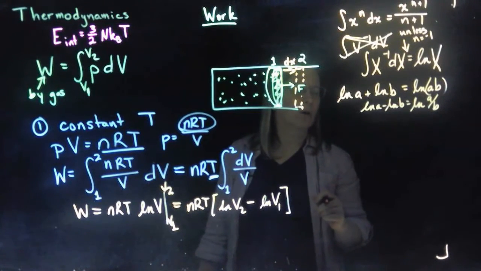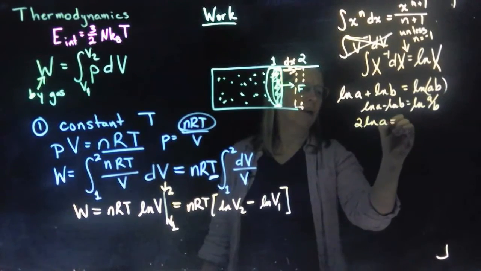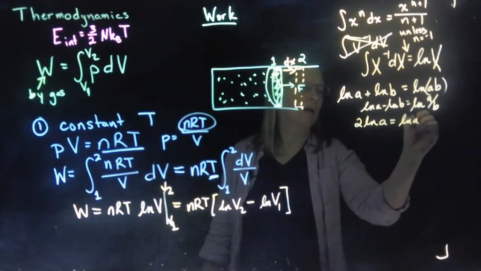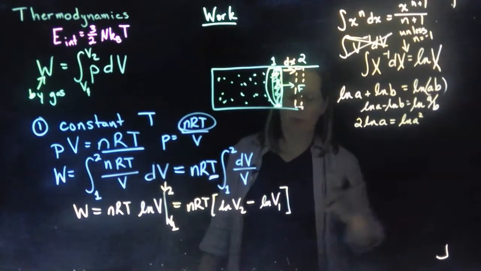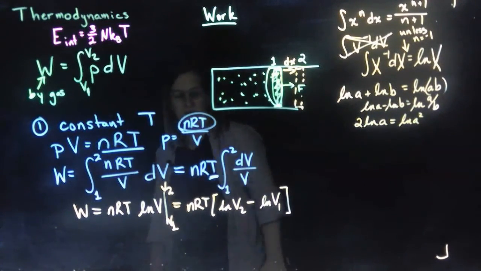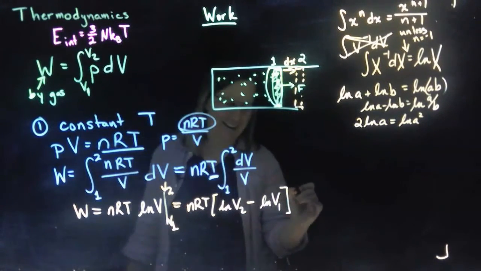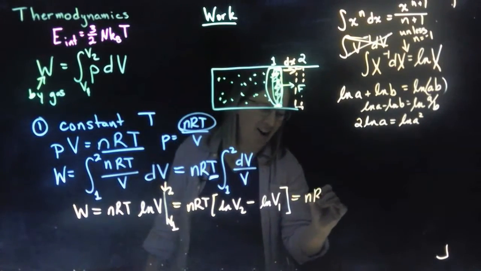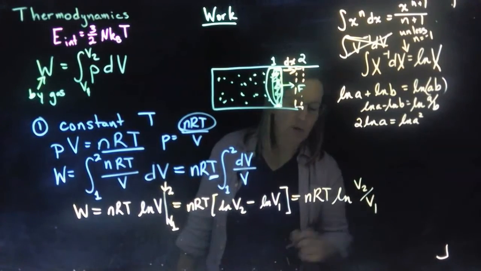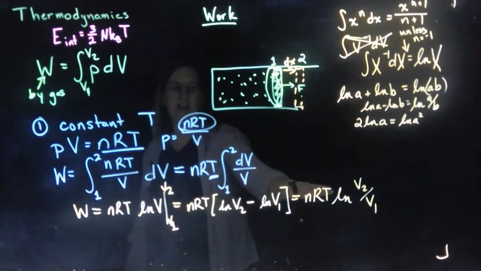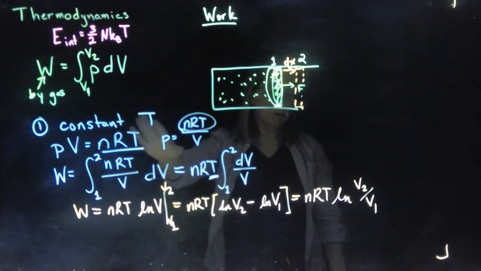As long as we're doing this, we might as well say 2 natural log of A is also equal to natural log of A squared. You can show it from the first one, but these are some of our natural log rules. We are going to run into natural logs a good bit, so just get ready. And that's nRT natural log of V2 over V1. So that's the work done if we've held the temperature constant. Okay, so this is our constant temperature example.